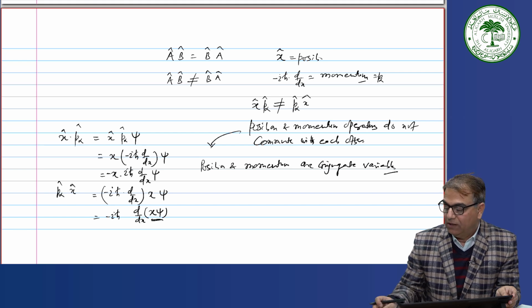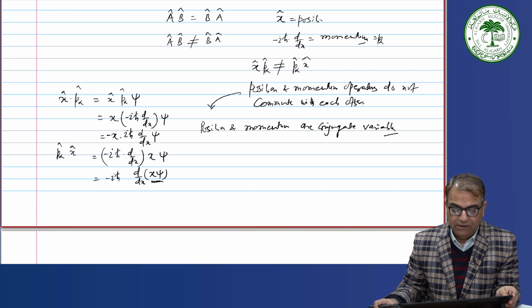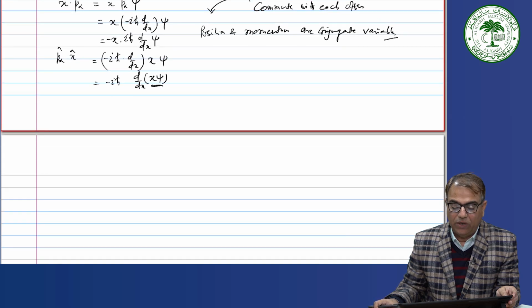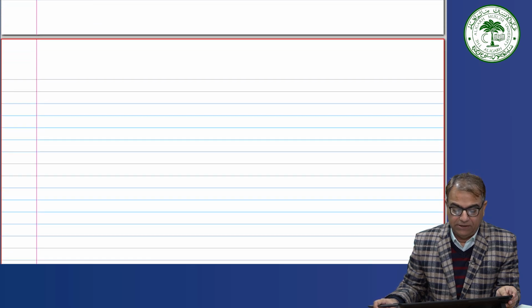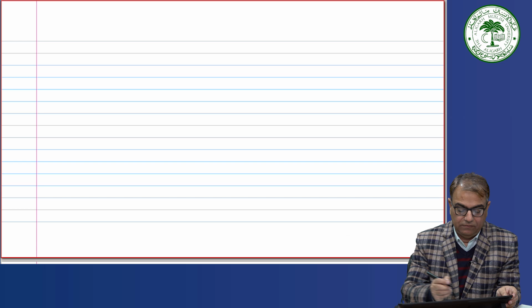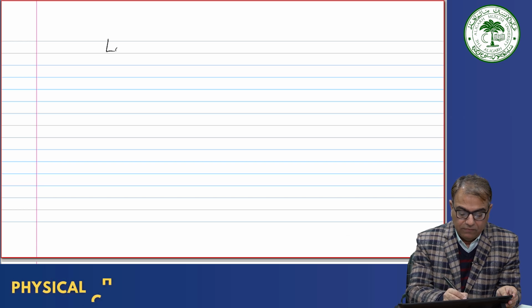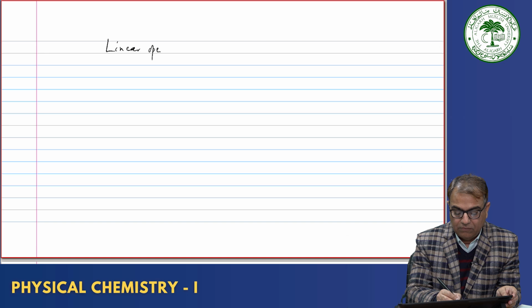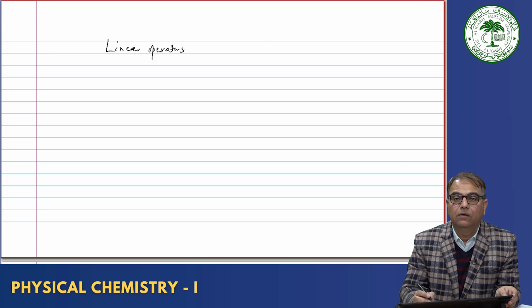Now, another property of operators in quantum mechanics is that they are linear operators. What does it mean?